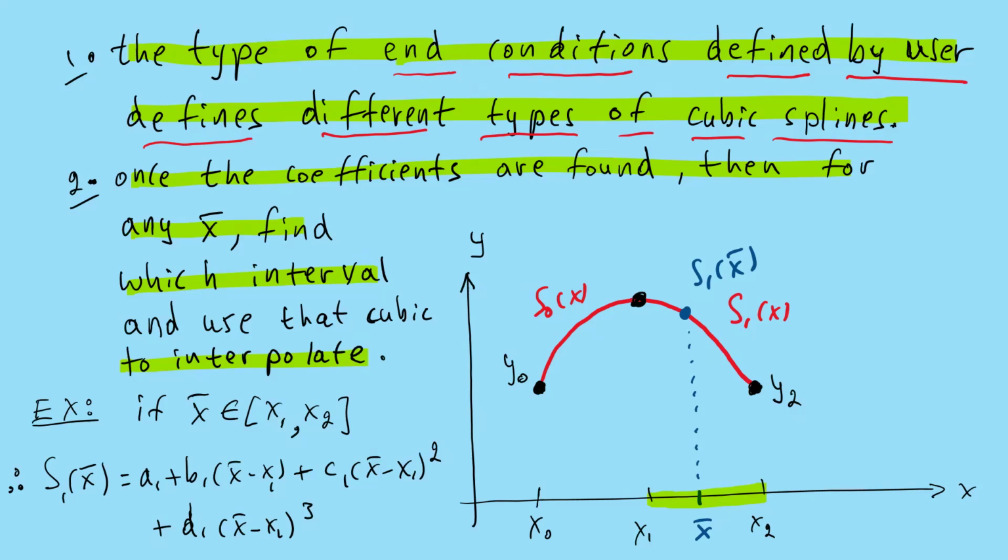For example, for any value of x, first we find the interval it belongs to, and then we evaluate the corresponding cubic polynomial function. And again, as you can see, each segment has its own cubic function, and we can find any value of x in these intervals.